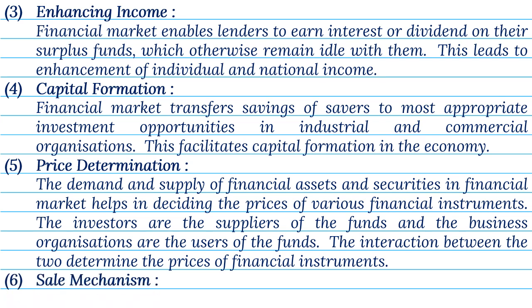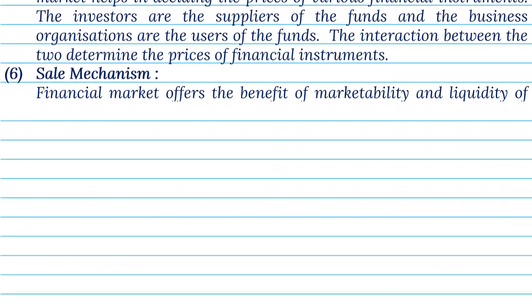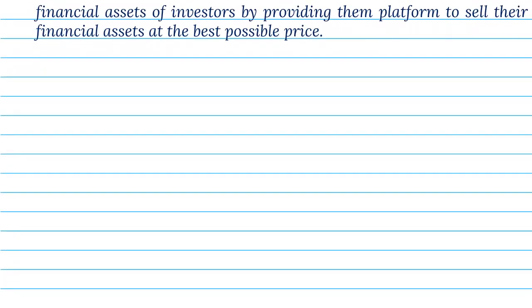6. Sale mechanism. Financial market offers the benefit of marketability and liquidity of financial assets of investors by providing them a platform to sell their financial assets at the best possible price. 7. Mobilizing funds.